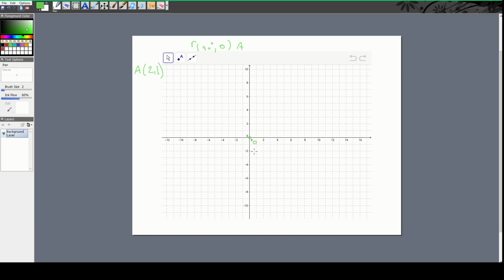This will be our O. So my A is 2, 1. So I'm going to rotate that 90 degrees in the positive. Positive rotation is in this direction. It's anti-clockwise.